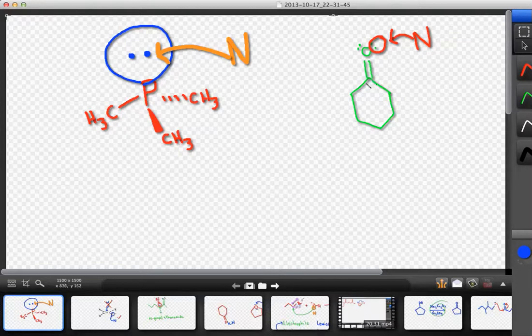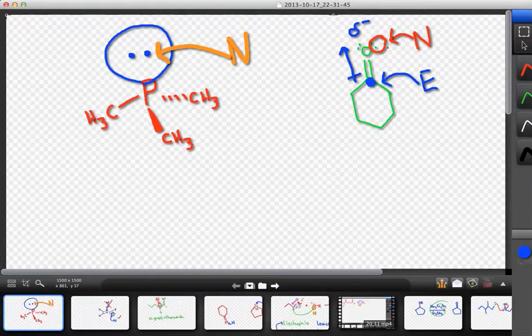But the electrophilic atom is going to be the carbon that is the carbonyl carbon. And the reason for that is that due to the electronegativity of oxygen, electron density is polarized toward oxygen. The oxygen has a partial negative charge, whereas the carbon has a partial positive charge.